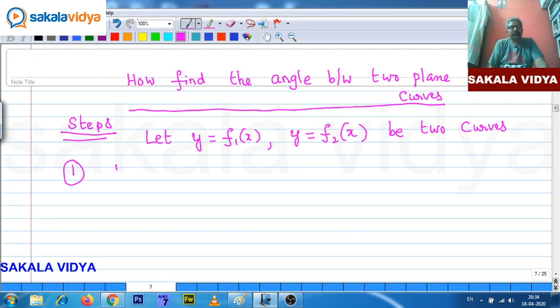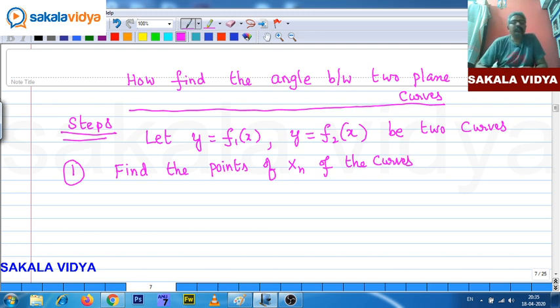First, find the points of intersection of the curves. This is the first step we need to find out. Sometimes, because it's a competitive entrance examination, they may give the points of intersection. If not, we need to find out.